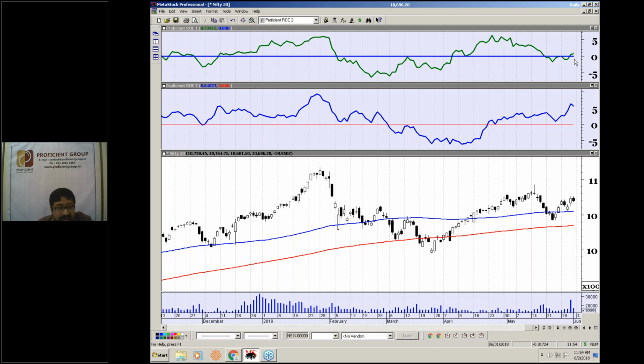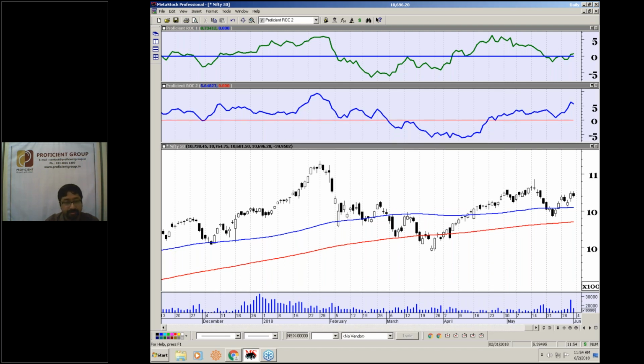So this is an important criterion. The 50-day ROC is less volatile, and therefore it is more efficient to point out the nature of the trend, right? This is only the intermediate term ROC, and right now we are going to plot the longer term ROC.